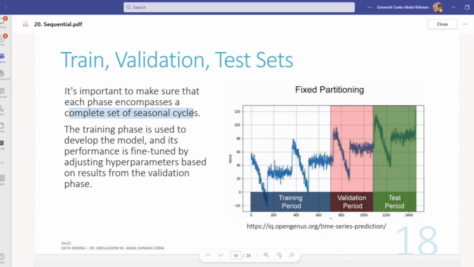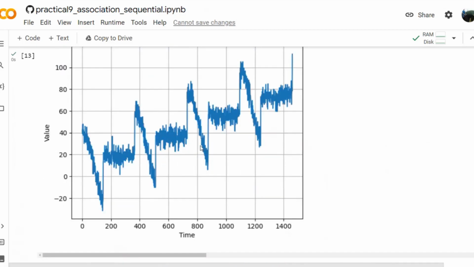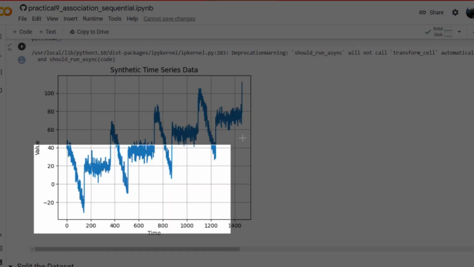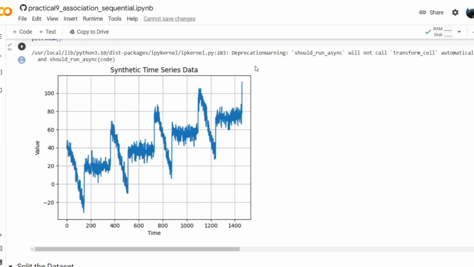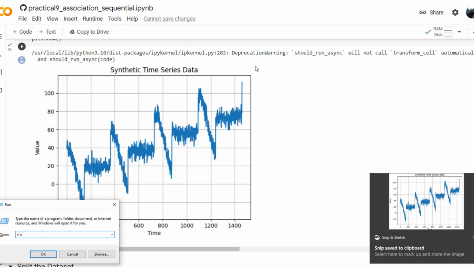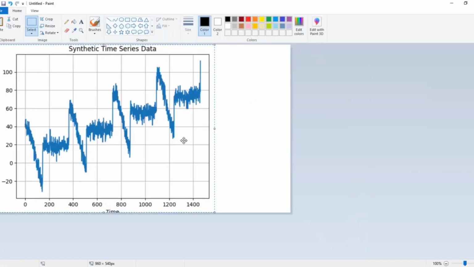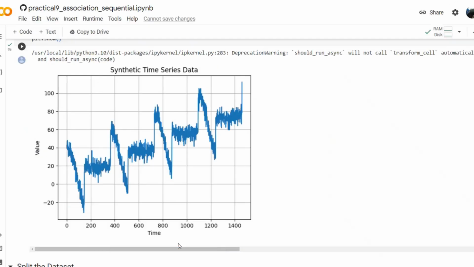What does that mean? If we take back this figure for the data, and take a snapshot. This data set, as I said, is dummy, synthetic data.